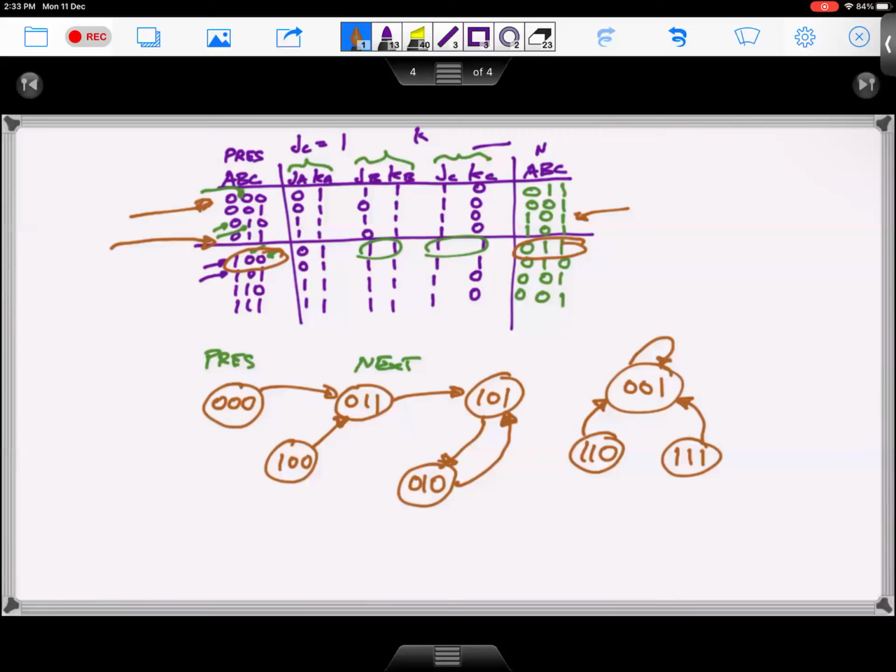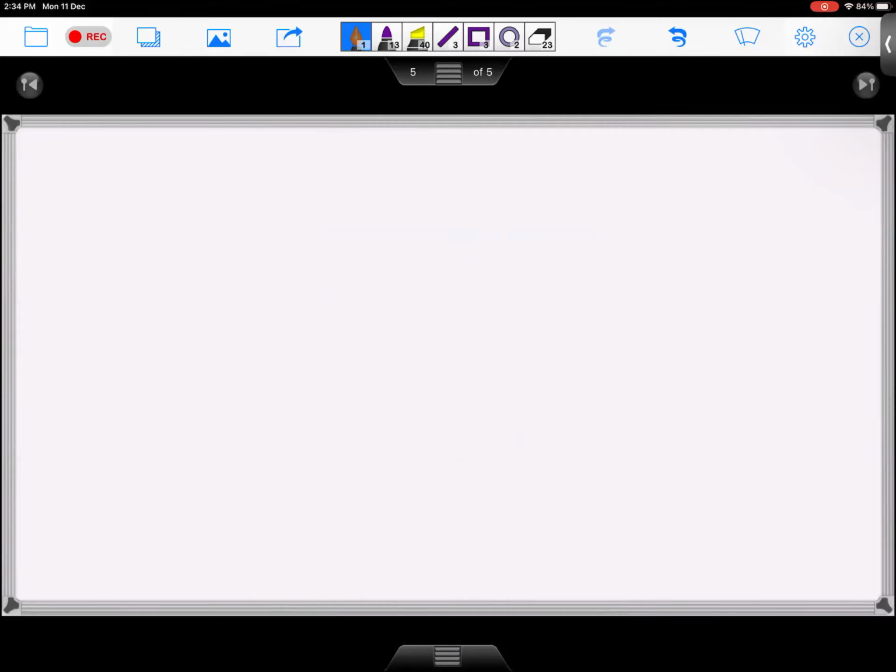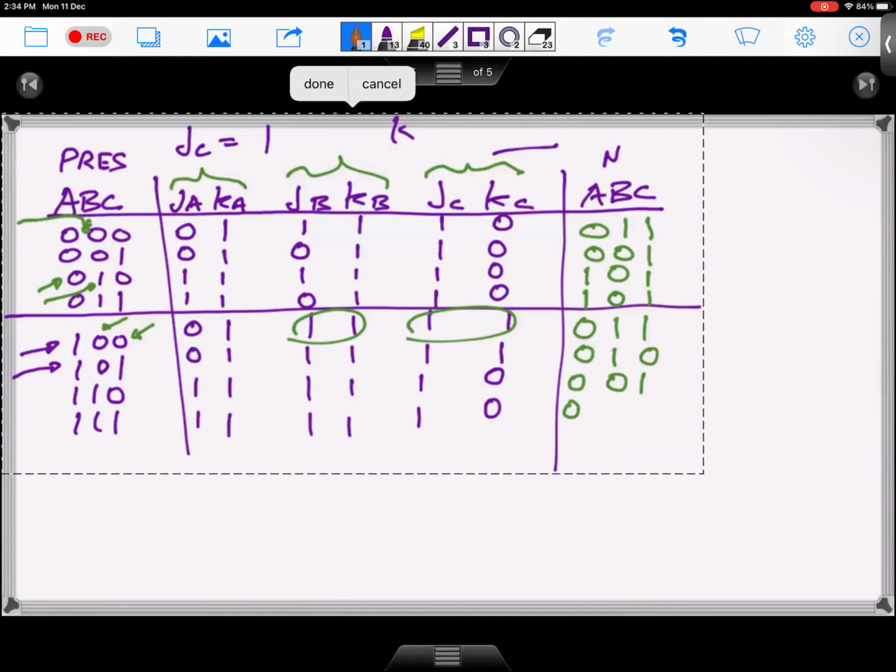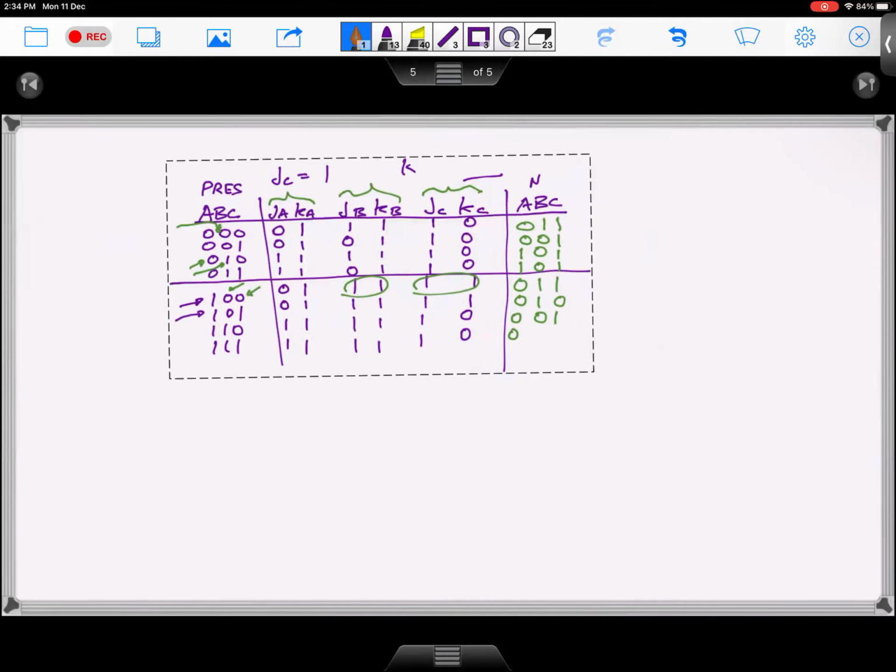So let us look at what else is required of you. Draw the state diagram. That is what we have just done. Find the state equations. How do we do that? Well, hopefully we can paste again, maybe, if we're lucky. Yes. Shrink.